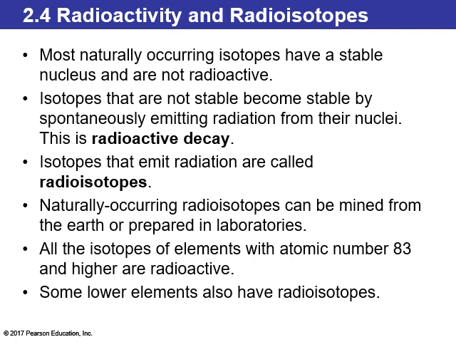We can find naturally occurring radioisotopes, and those can be mined from the Earth, or we can prepare them in laboratories by bombarding them with other subatomic particles or different light with different energies. All of the isotopes of elements with a large atomic number above 83 are radioactive. Those materials are naturally unstable. And some lower elements also have radioisotopes.